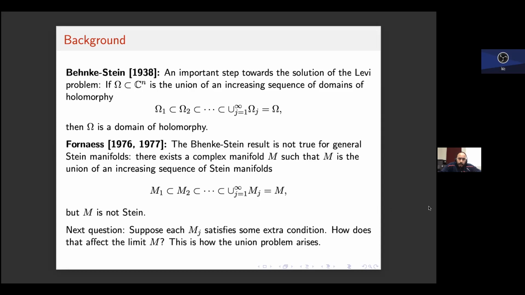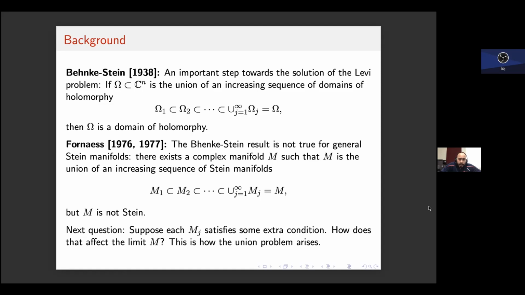So necessarily a question arises whether this Wittgenstein's result holds for general Stein manifolds also. But Fornaess actually came up with a counterexample, first in dimension 3 and then dimension 2. So basically, in other words, there are complex manifolds which are exhausted by Stein manifolds, but the limit, that is the union, is not Stein.